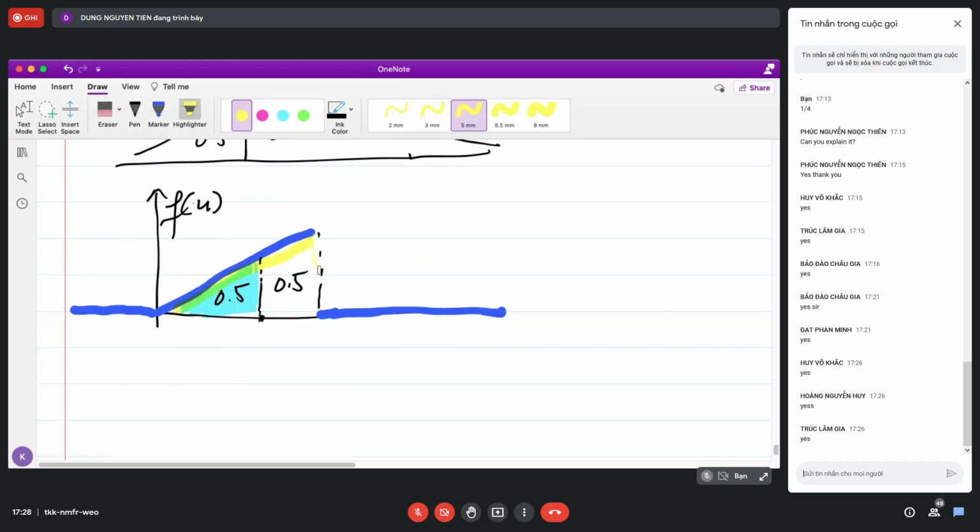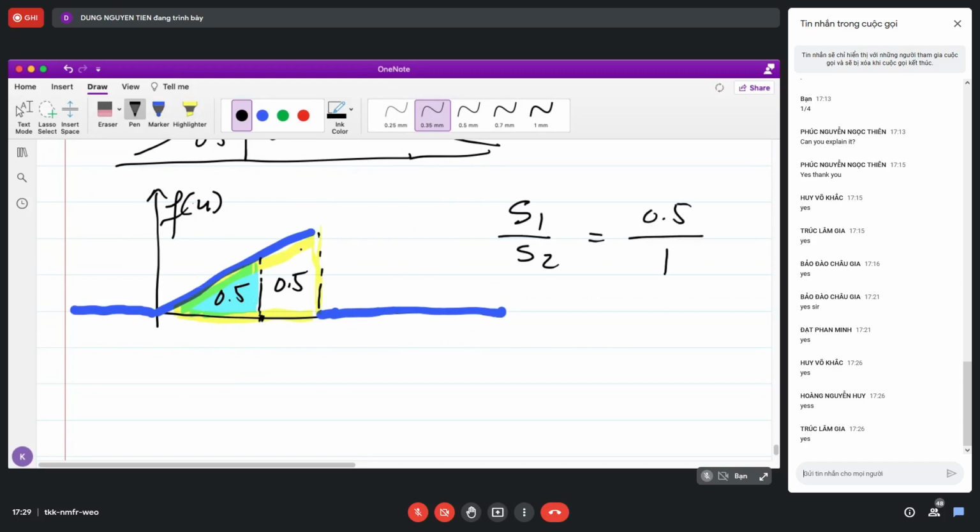The ratio of the two areas, S1 over S2, is simply 0.5 over 1.